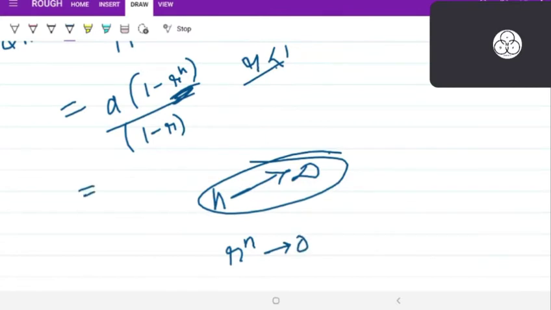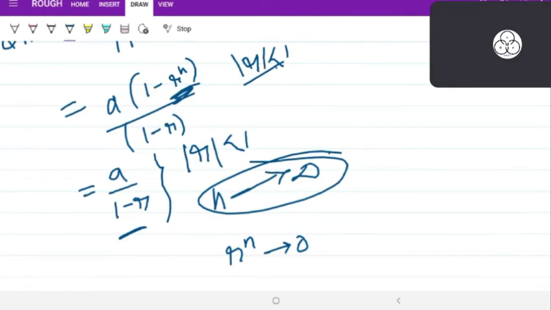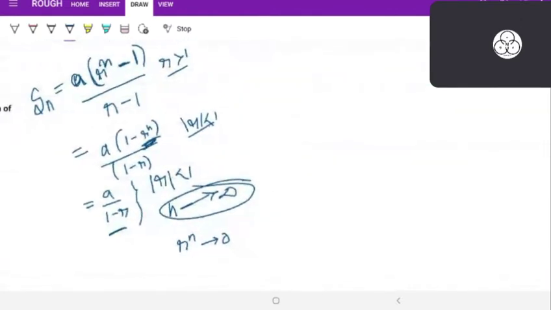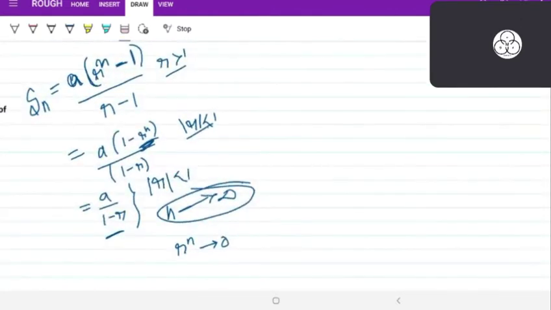So we will have A divided by 1 minus R as the sum of an infinite GP. The only condition is that mod R is less than 1. There will be mod. So this was the small recapitulation required to solve the problem.